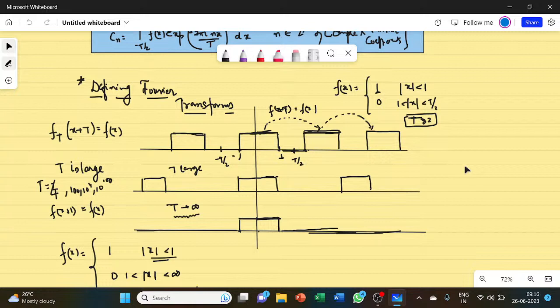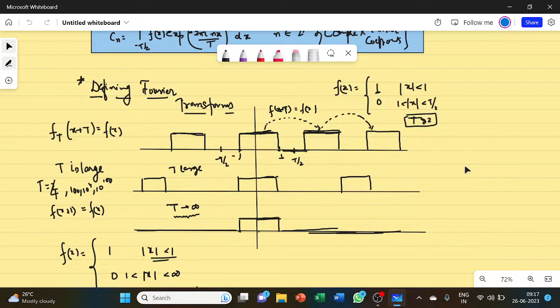In other words, I can take an aperiodic function as a limiting case of a periodic function. That is, if I take the limit T tends to infinity, your periodic function would turn into an aperiodic function.